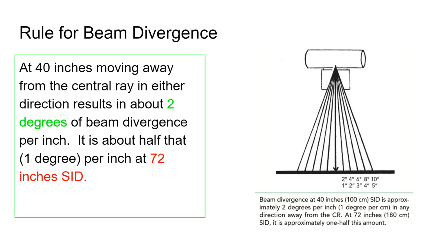Between OID changes, to a lesser extent SID changes, misalignment, and sometimes just the anatomy itself that's not always going to fall perfectly parallel to an image receptor, our images are full of distortion, right? But we do our best, and the radiologists do their best. You get to a point where a lot of that is inherent, and you don't really think about it anymore, unless it's extreme.